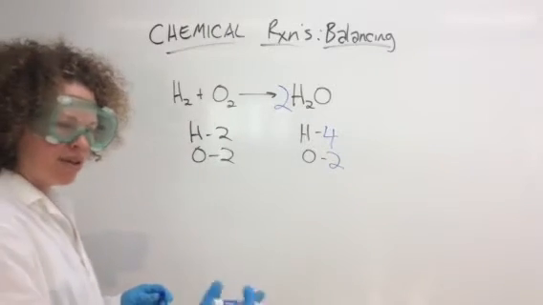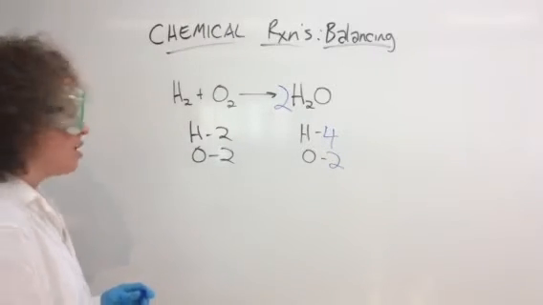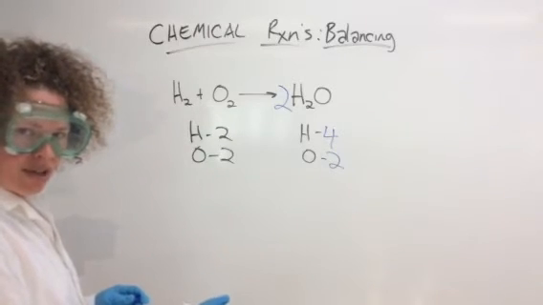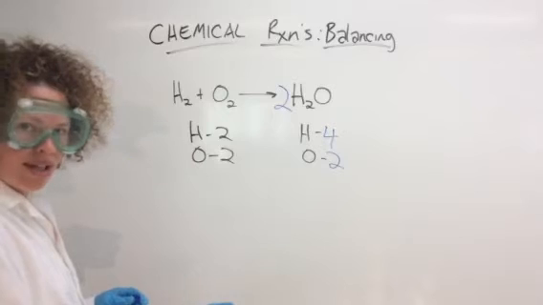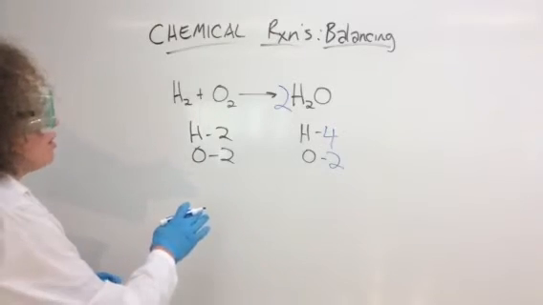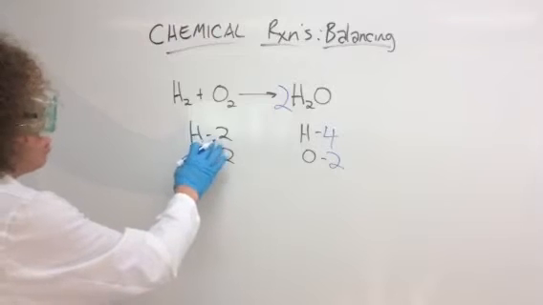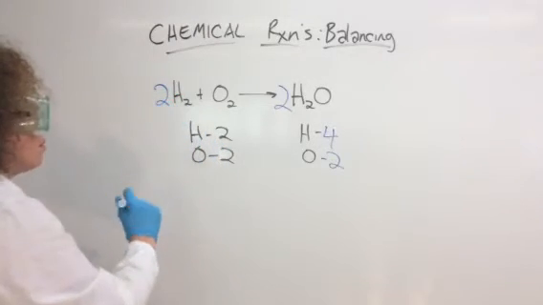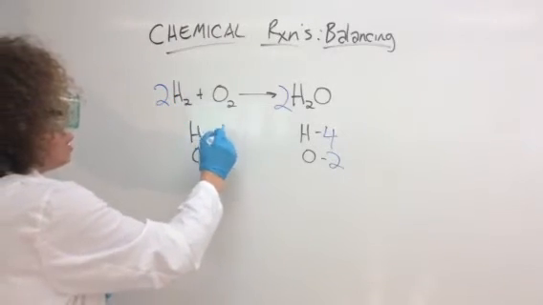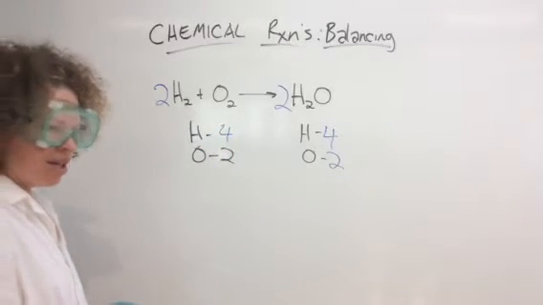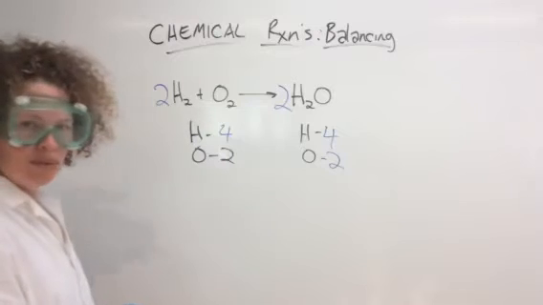You're going to get this a lot, where you have to kind of go back and forth. It's fine. It works out in the end. I promise. Every single equation you have in this textbook works out in the end. So now I have 2 hydrogens, but I need 4, so I'm going to put a 2 in front of the H2. Note that I did not change what the equation is. It's still hydrogen gas and oxygen gas making water.